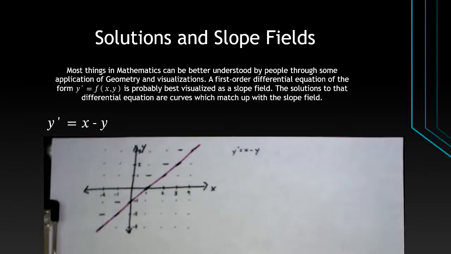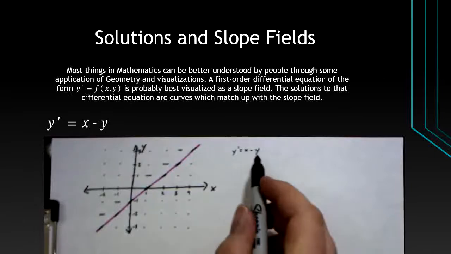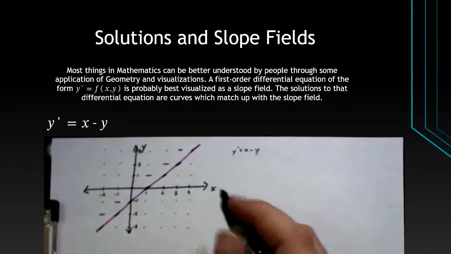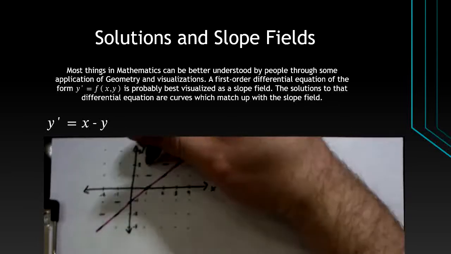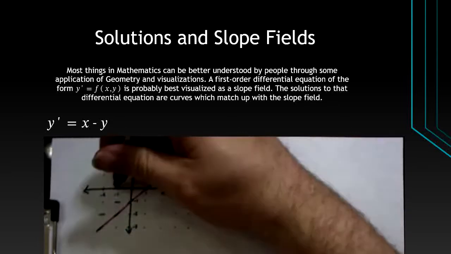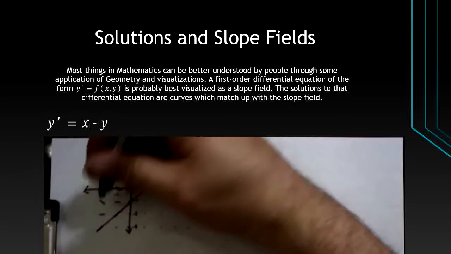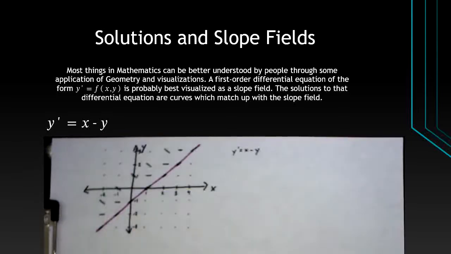All right, so we've got where y prime is 1. Now we need where y prime is negative 1. Y prime will be negative 1 when y is 1 more than x. That will happen here. So I draw in all my little negative 1 slopes.